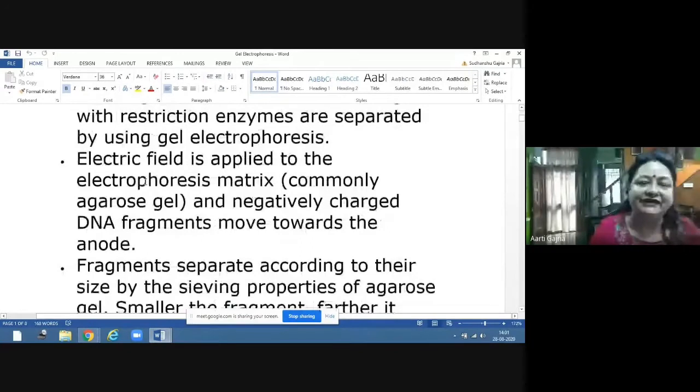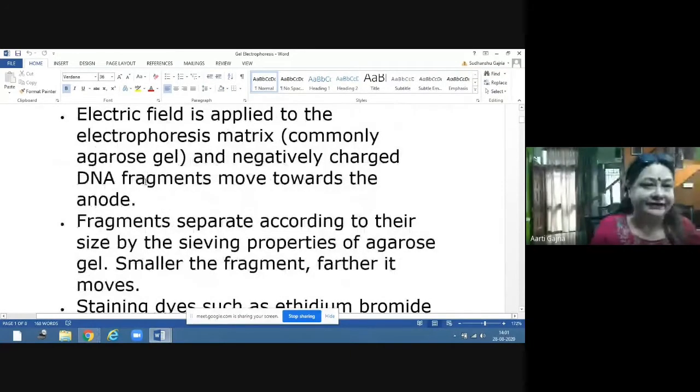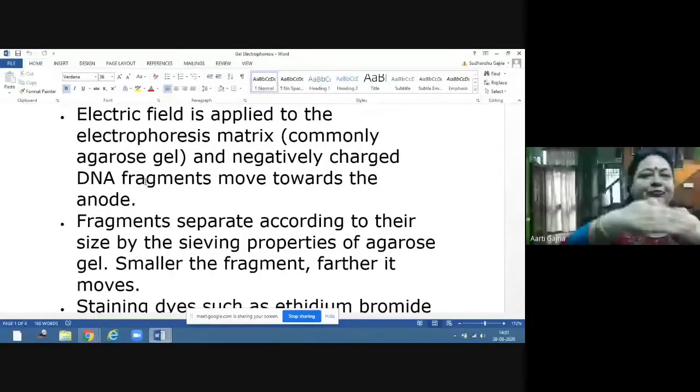Fragments separate according to their size. The smaller the fragment, the farther it will go. That means we will separate the larger fragments, then medium fragments, and then the smaller fragments.